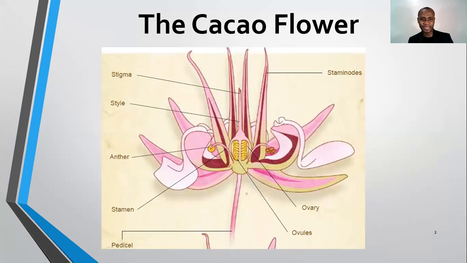And as you can see here, the petals try to cover the stigma and the anther. Because of that, it's difficult for the pollinators to attach themselves to the pollen grains and pollinate the flower.